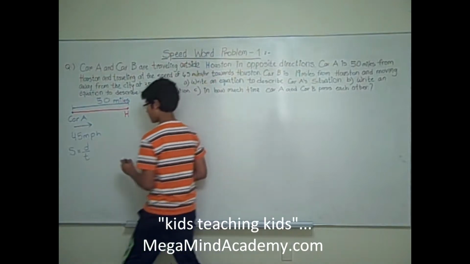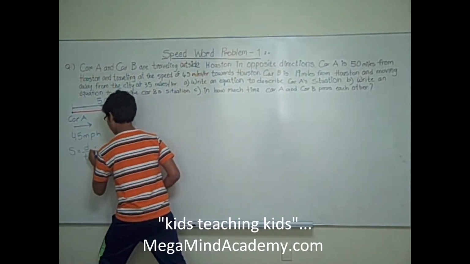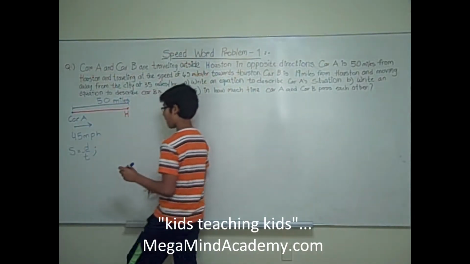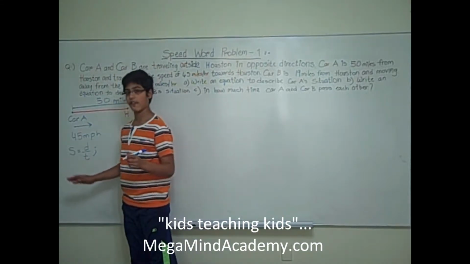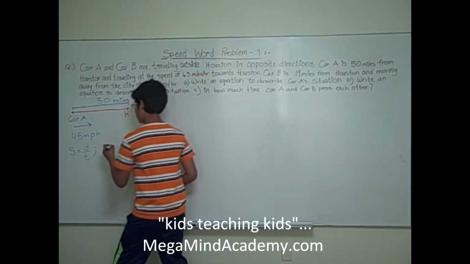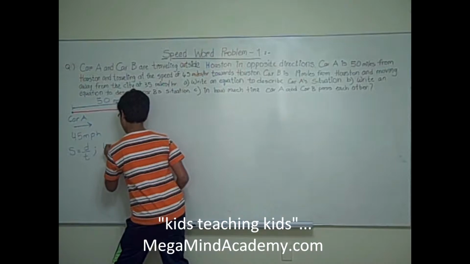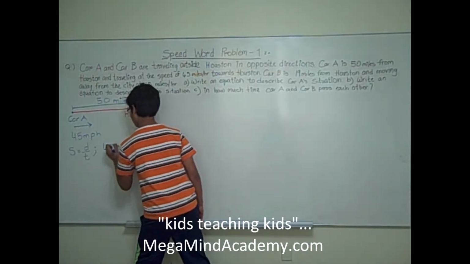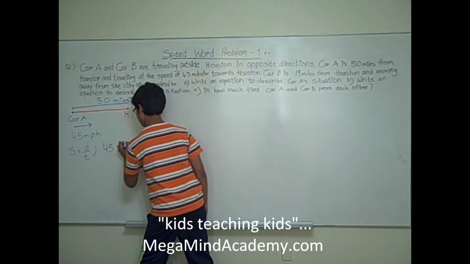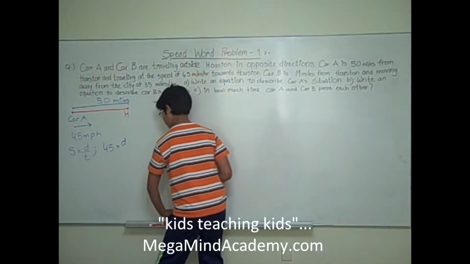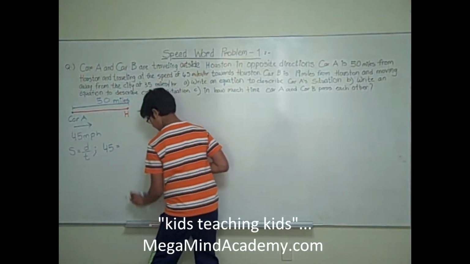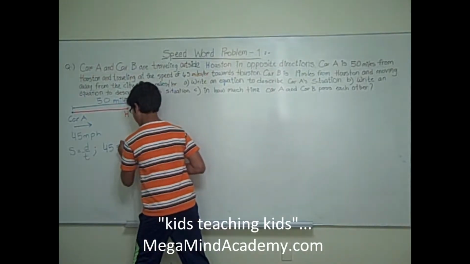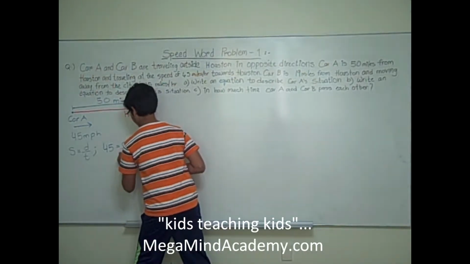So this means that 45 miles per hour, which is the speed of car A, so 45 is equal to D over T.